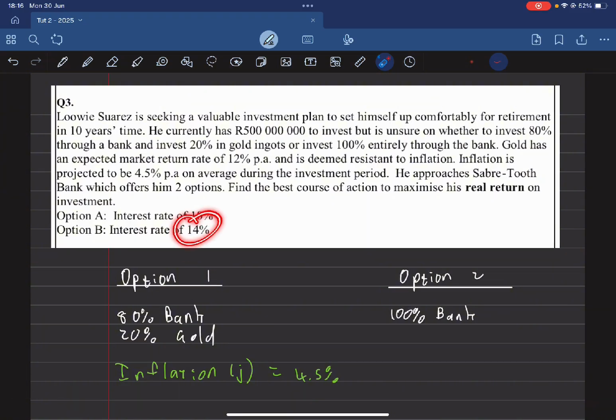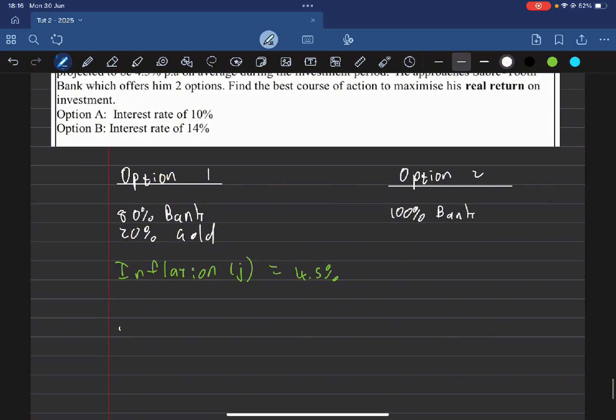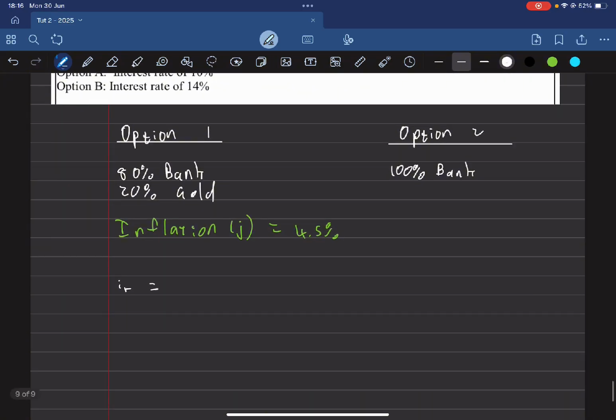But this is the nominal interest rate. So we want to try get the real interest rate because we want his real return. So to get the real interest rate, the formula we use is 1 plus the nominal interest rate over 1 plus inflation, minus 1.